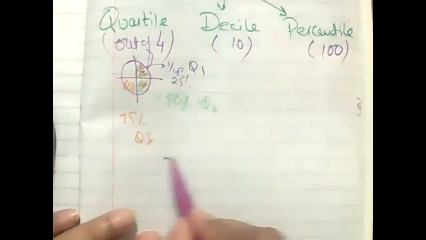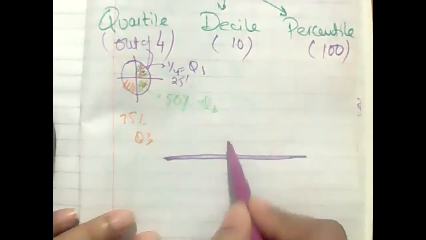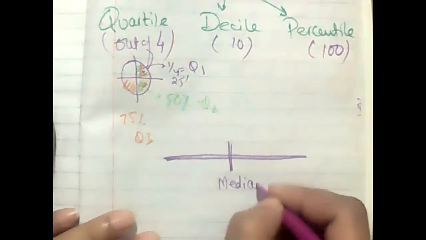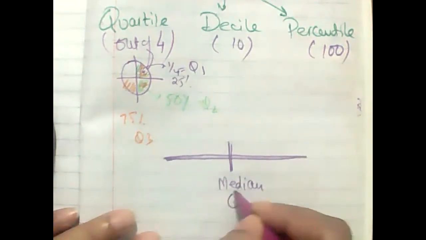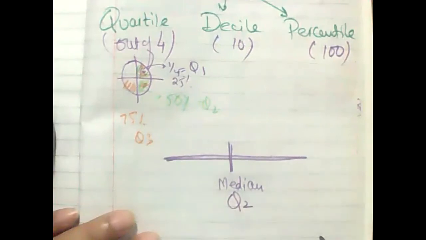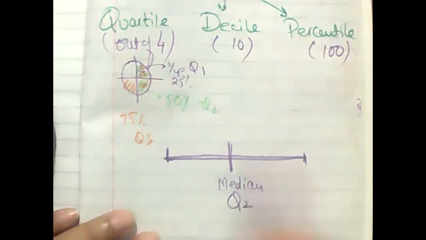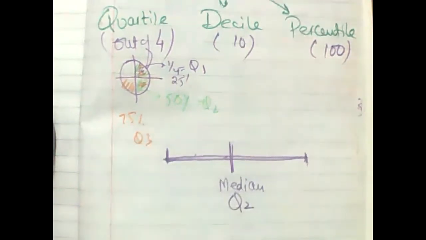So when I talk about quartile, that means anything is divided into four parts. This is the middle one, which is the median. Am I right? The middle one is the median. So if I'm dividing a thing into four parts, the middle part is also known as Q2. This is the starting, this is the ending, and then further half of it, further half of it.